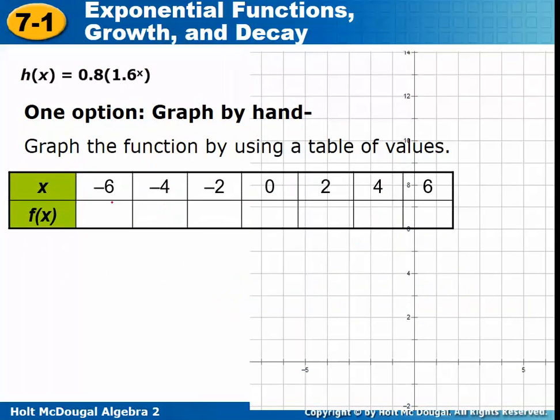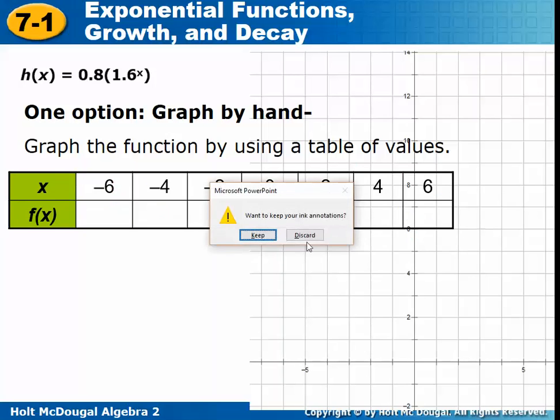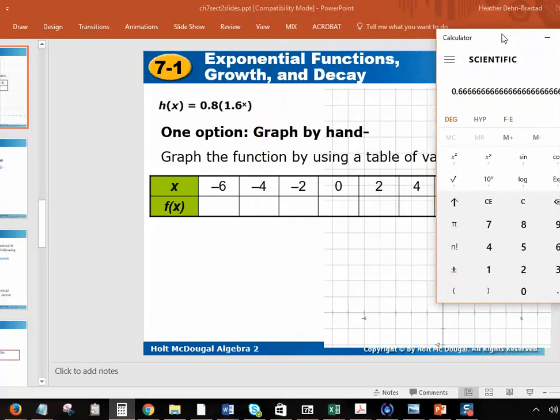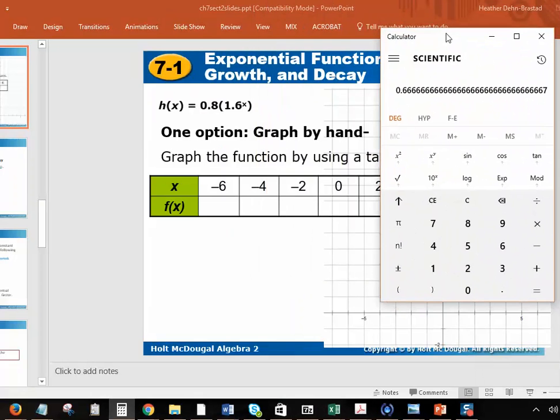So you would just plug in some values of x, and then you would solve in order to find the value of the function. I just have to grab my calculator tool here so I can show you what I get for values, because I don't want to do these in my head. Okay, so first, here's what you would put in your calculator.